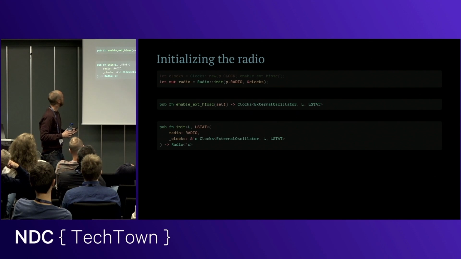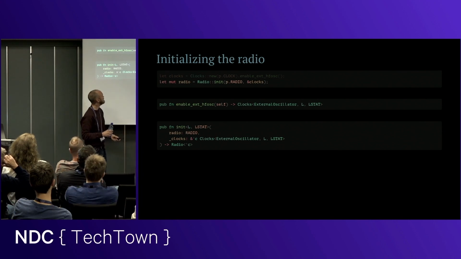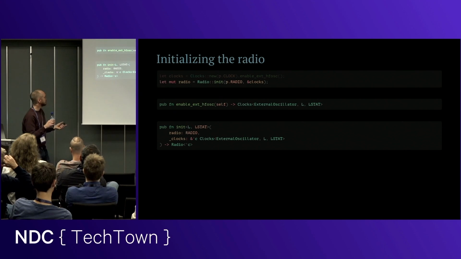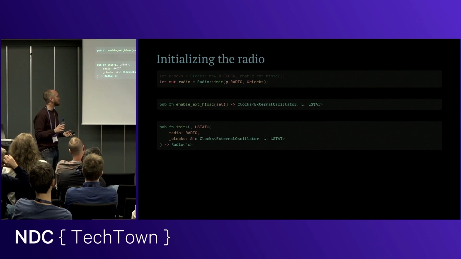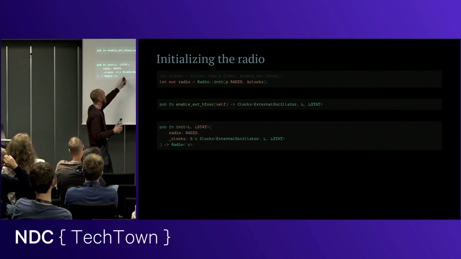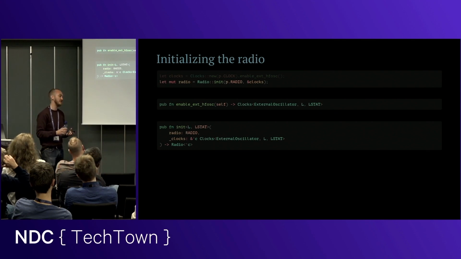To initialize the radio, we need to provide this struct with the external oscillator. And since the only way to construct this value is through the enable external oscillator function, when we have this valid struct with this type, we know that the clock is correctly set up for the radio to work.